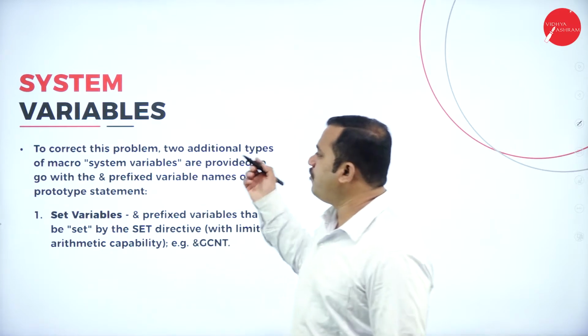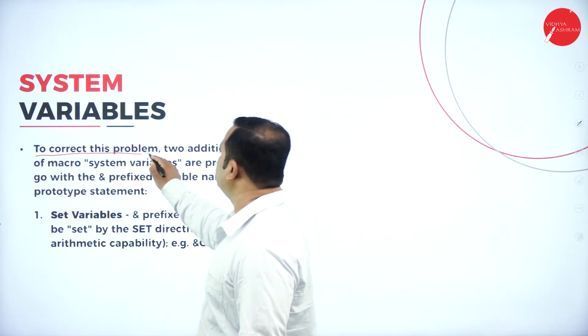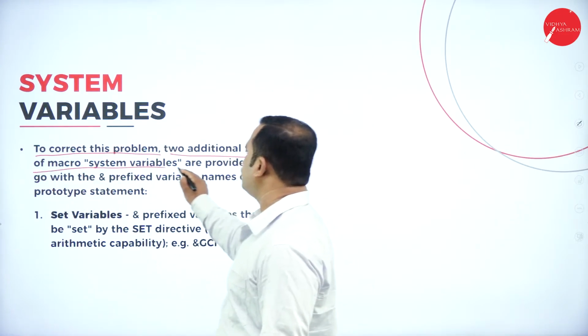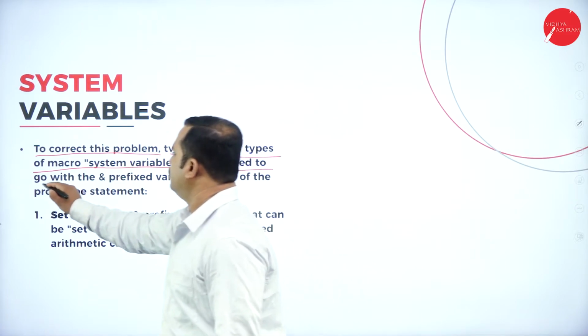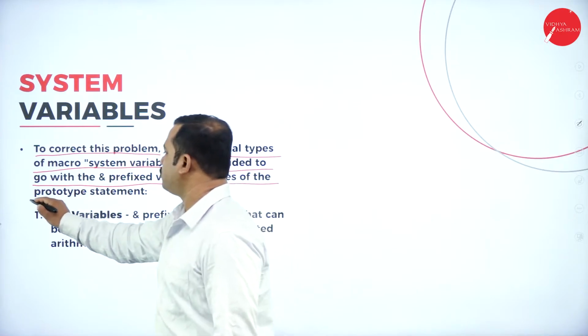In order to avoid those problems and to correct this problem, two additional types of macro system variables were introduced to go with the ampersand prefixed variable names of the prototype statement.